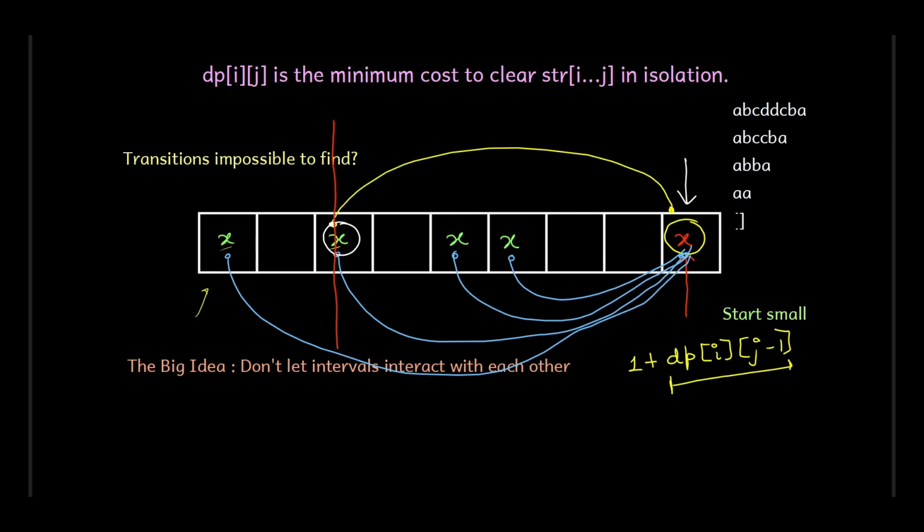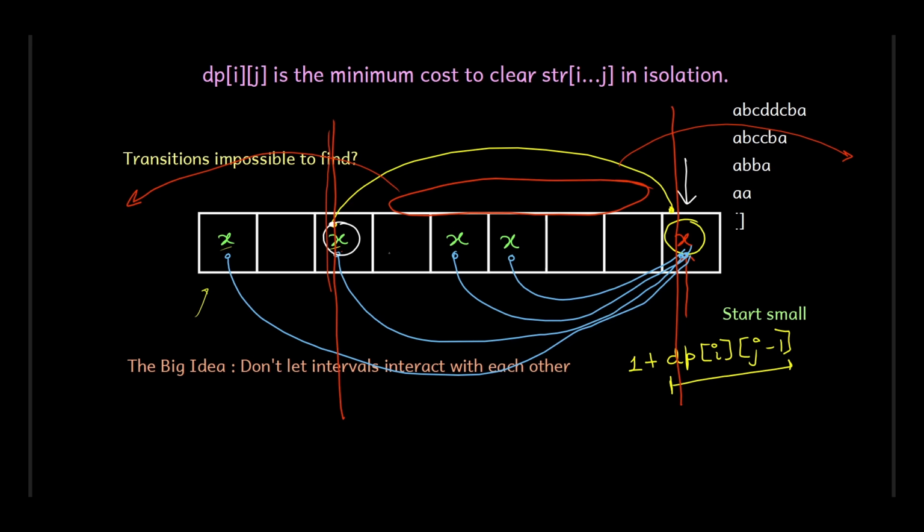So this is one end of the boundary, this is the other end of the boundary, and all the elements that are in between are now isolated because they cannot interact with elements on the left hand side or on the right hand side. Why? Because for them, these two x's need to come together, so they'll act as the barrier.